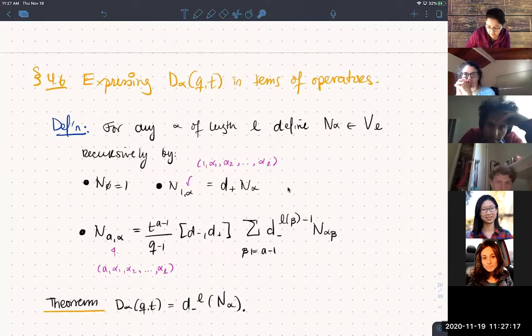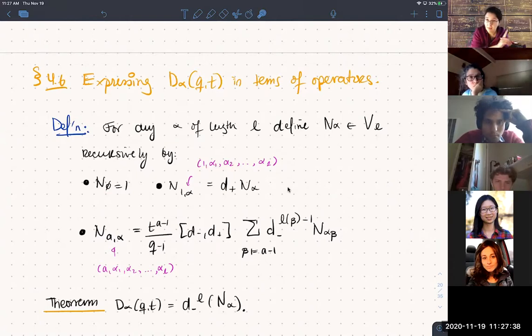We're going to define n alpha to be a function in VL, where L is the length of alpha. We define it recursively. We set n of the empty composition to be 1. Taking our composition alpha and appending a 1 at the beginning, which we call 1 alpha, we define n of 1 alpha to be n alpha precomposed with d plus.